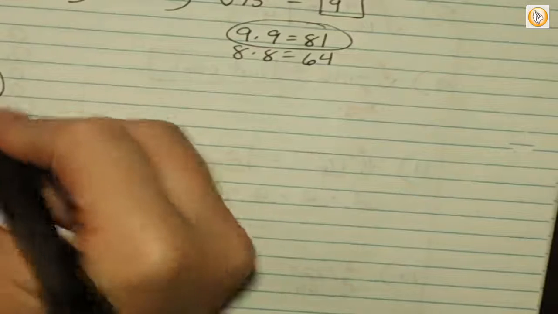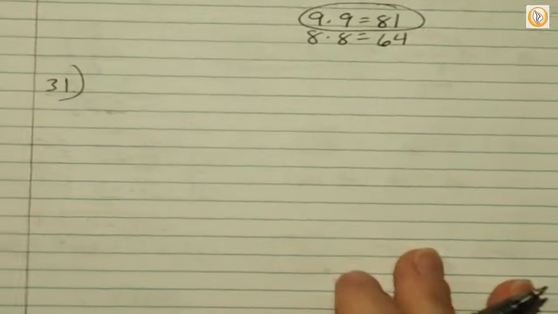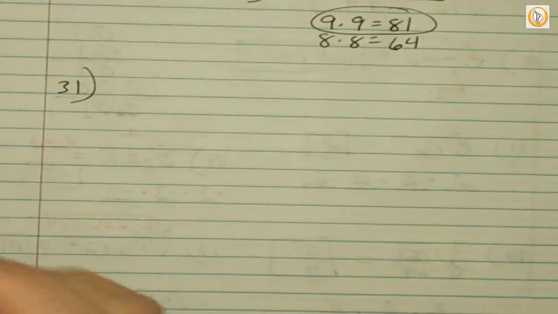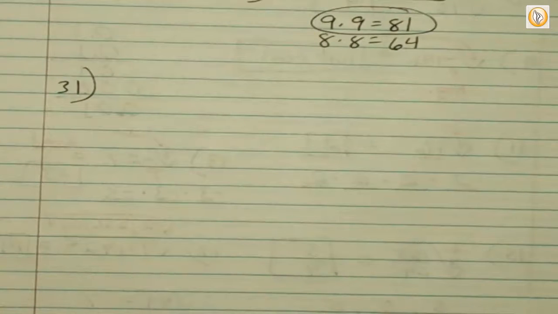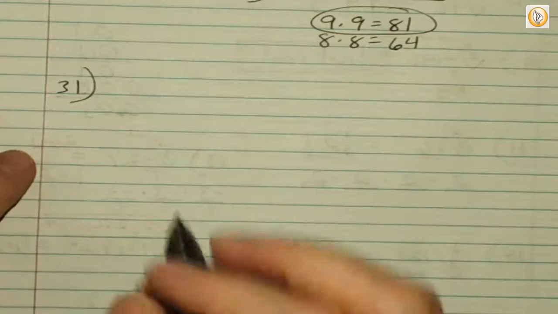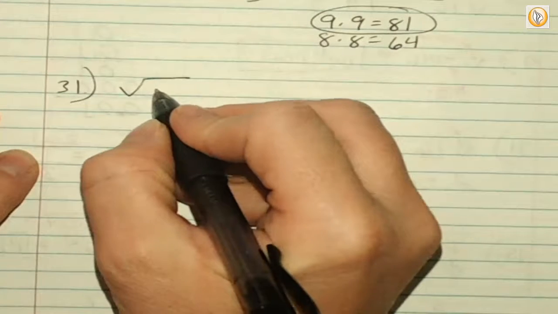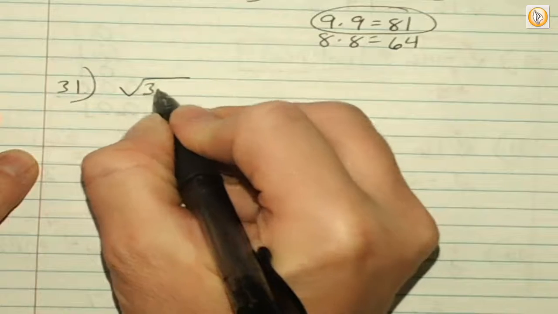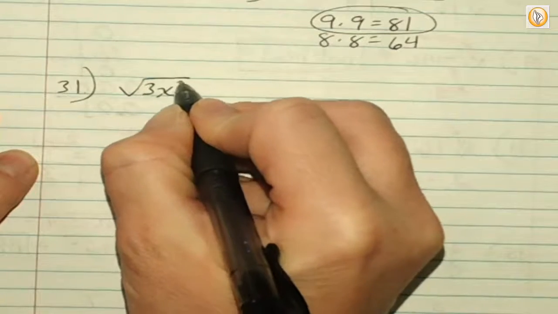Let's look at 31. You better be taking notes, Franz. 31. Okay, this time it says convert each radical to exponential form. So that's important. We're converting to exponential form. So 31 is the square root of 3x cubed.